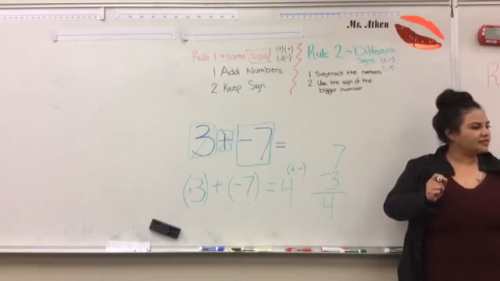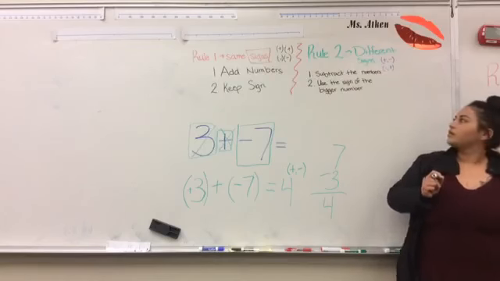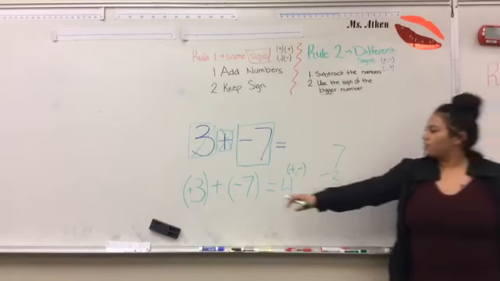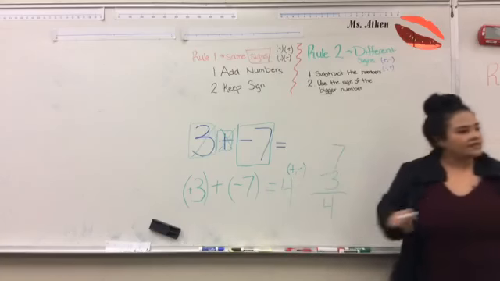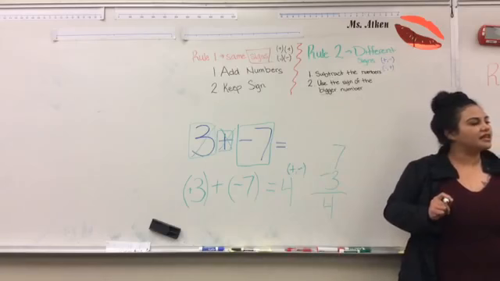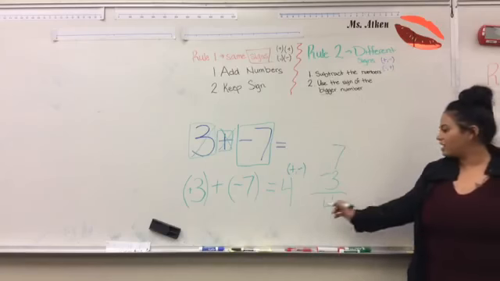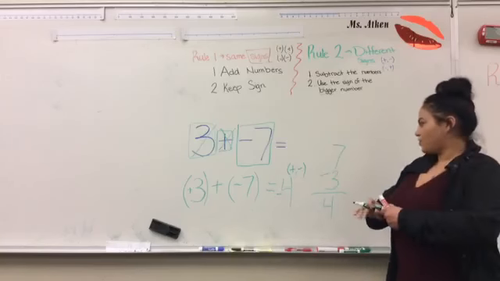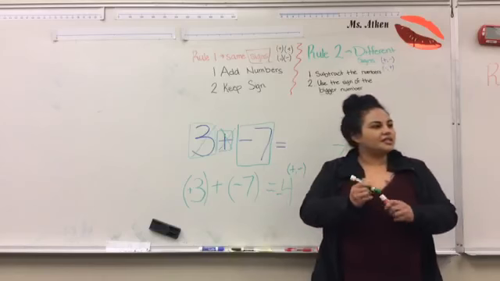Use the sign of the bigger number. So is the 3 bigger or is the 7 bigger? The 7. So what sign am I using? Positive or negative? The negative sign. So my answer, everybody, is? -4. Thumbs up, thumbs down, or thumbs to the side?